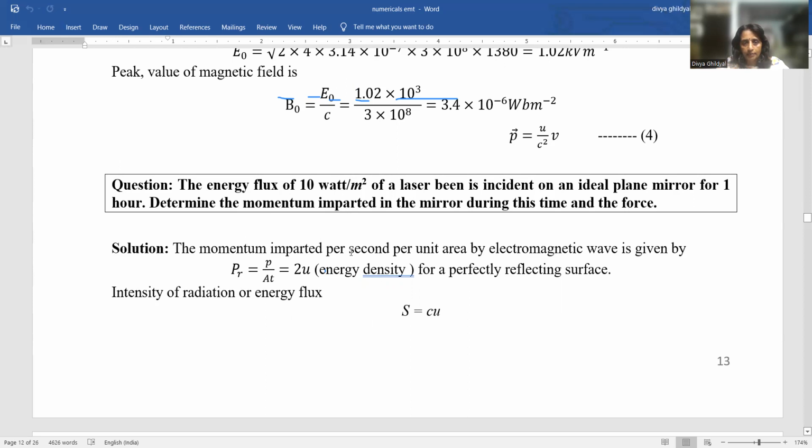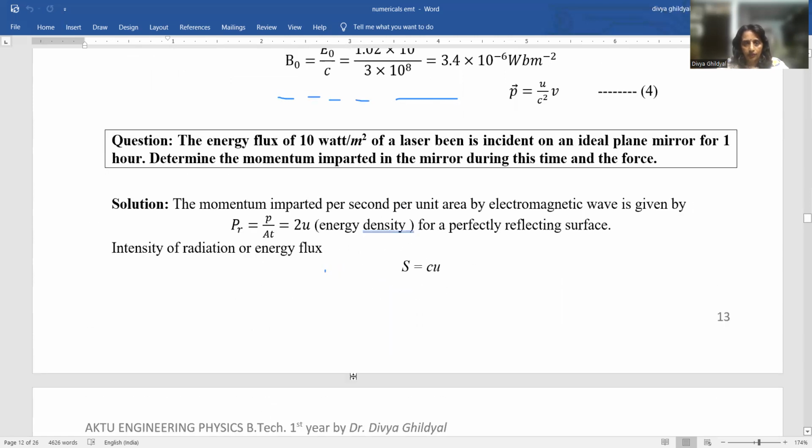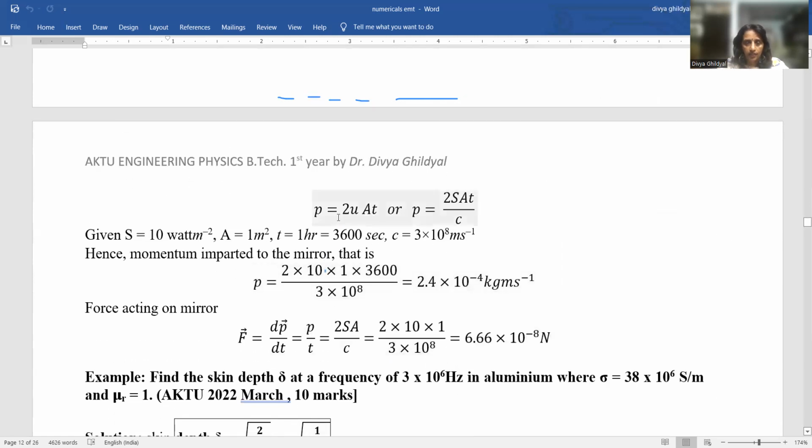So momentum imparted per second per unit area by electromagnetic wave is given by P upon AT, which is equal to 2U. That is the energy density for a perfectly reflecting surface. Intensity of radiation or energy flux, S is equal to CU. All these steps are there in lecture 5, radiation pressure and skin depth.